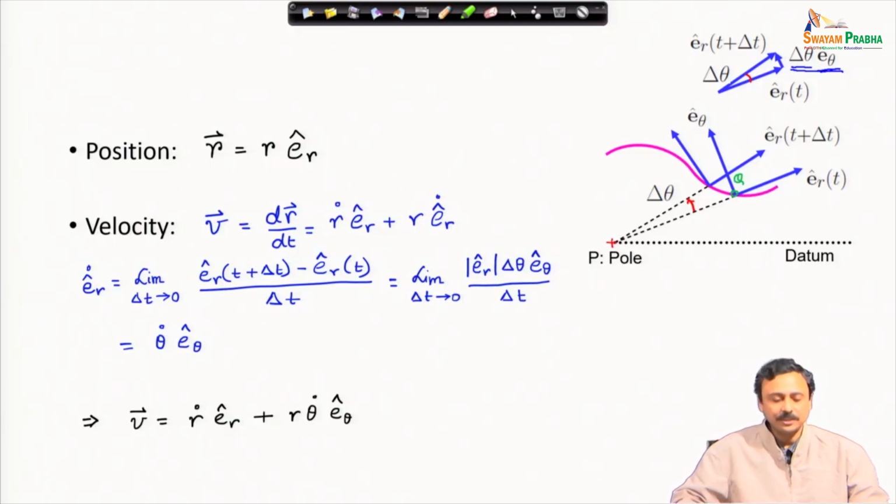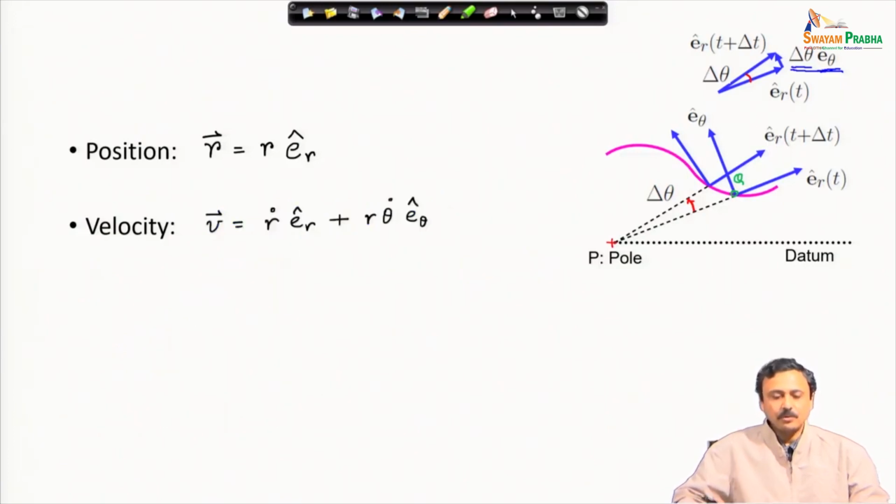Therefore, the velocity vector finally becomes r dot Er plus r theta dot E theta. That is the expression of velocity vector. So, finally, we have been able to represent the velocity vector in terms of the unit frame vectors. So, position vector, velocity vector expressions have been found.